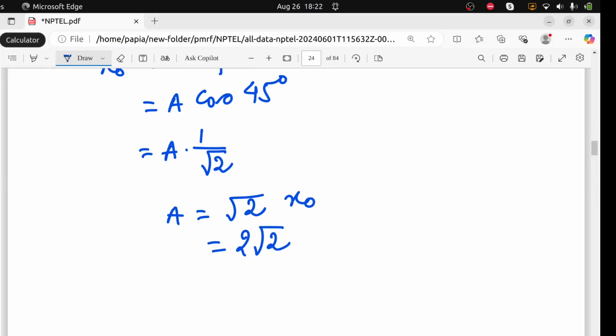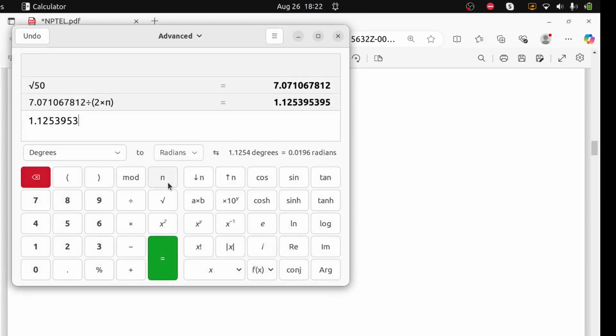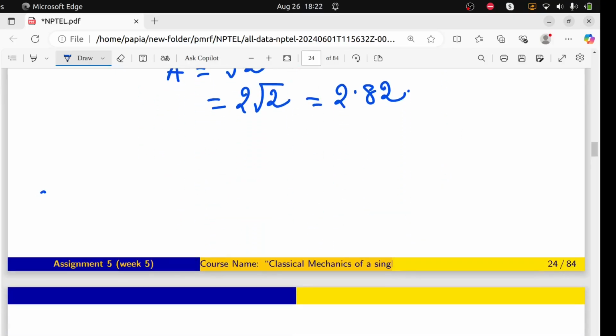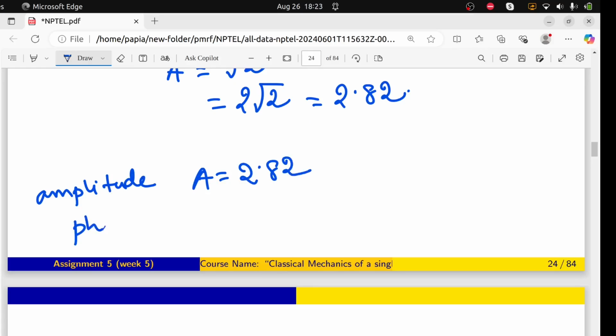If I calculate 2 root 2, then the value is 2.828. So I can have, that means, amplitude A equals 2.82, phase phi equals 45.